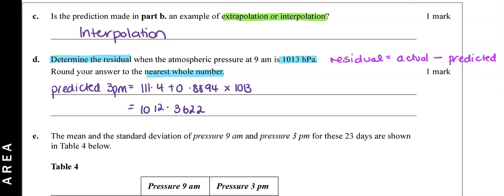The second piece that we need is the actual 3 p.m. value for when the 9 a.m. pressure is 1013. To get that, we need to refer back to the graph, because in this case, we're not given that information as part of the question. If you don't see it as part of the question, that means you must be provided the information as part of the data.